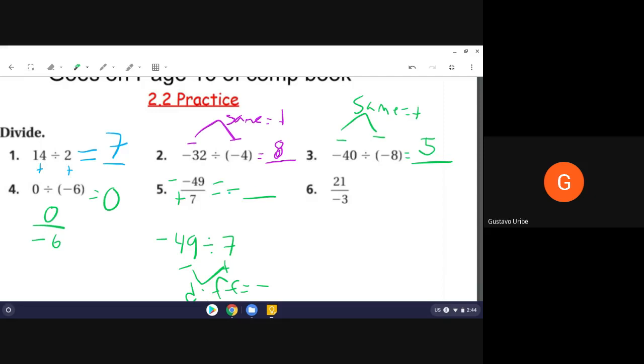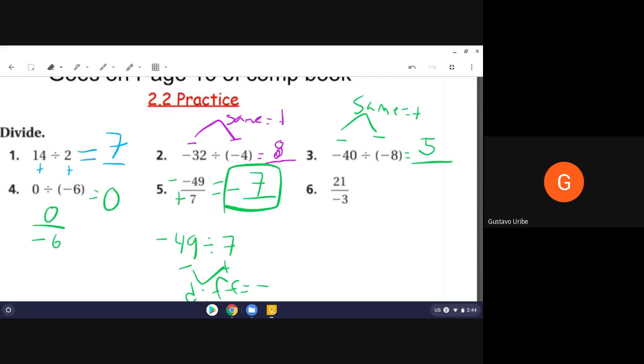Or 7 multiplied by something gives me 49. You don't know your sevens? Look at that multiplication chart. Or let's start adding sevens until you get to 49. See how many? Well, your answer is 7. So negative 7 is my answer here.